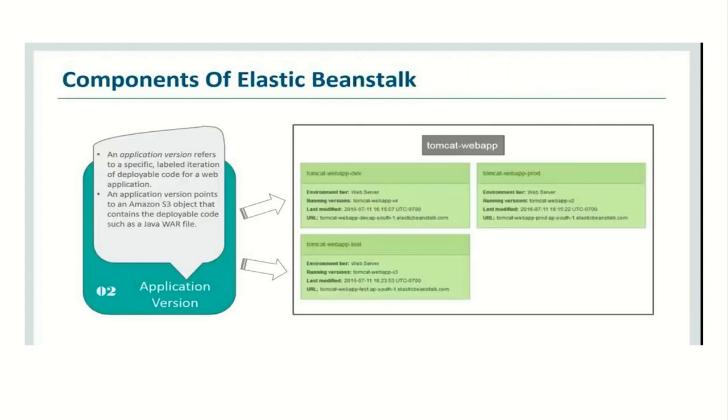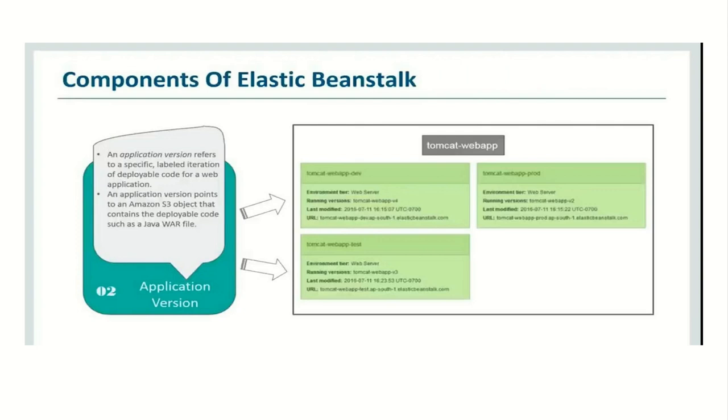But now we want to make certain changes to the code. So we go ahead and open the file, make changes to it, save it, and then again deploy on Elastic Beanstalk. Elastic Beanstalk again successfully launches our application.